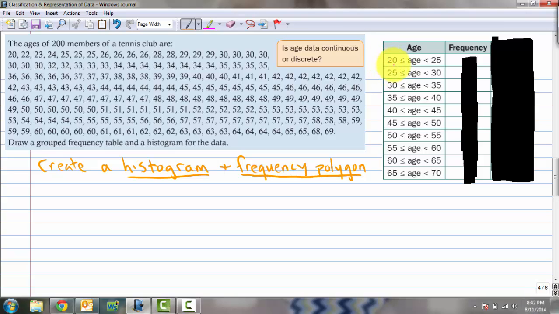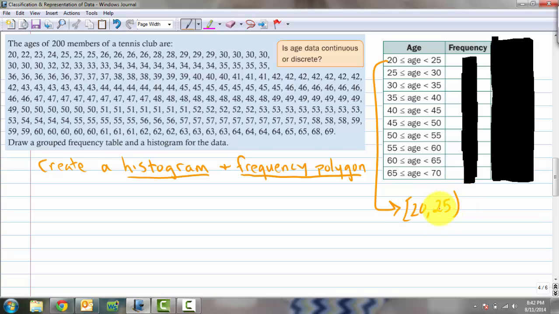these groups, these classes that we're going to organize our data in, we're going to organize them in groups from 20 to 25, 25 to 30, but not including 30. Another way to give this interval right here would be like that.